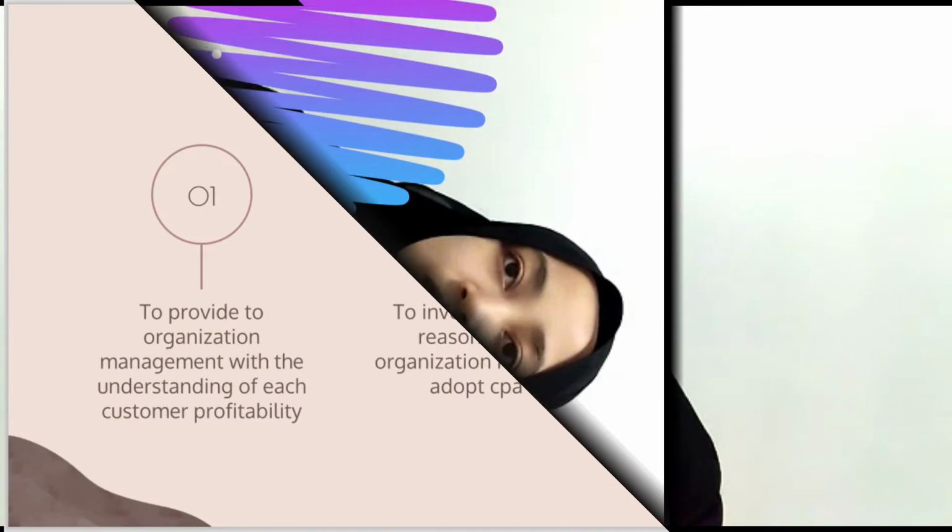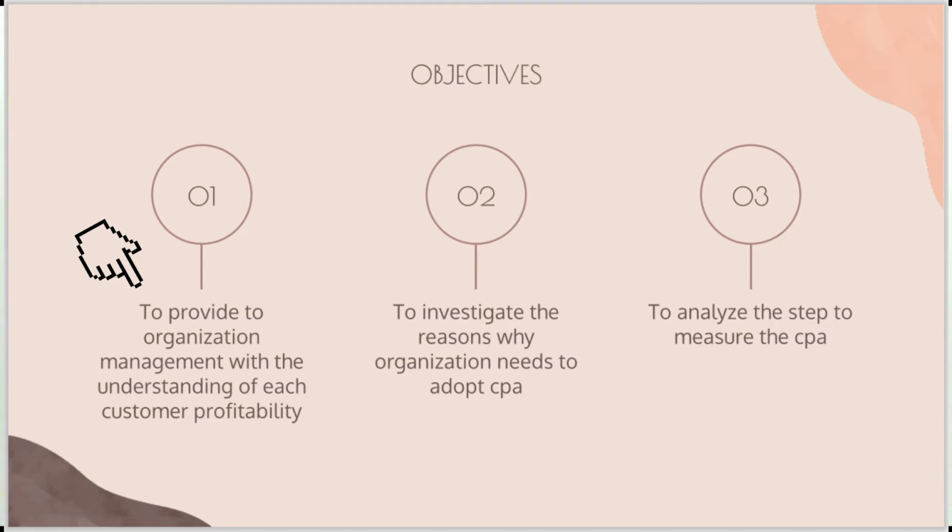Next is the objective of CPA. The first one is to provide organization management with an understanding of each customer's profitability. Grouping this information into customer profitability segments will allow the company to take different targeted actions and strategies against different profitability segments, with the aim of increasing the company's total profitability.